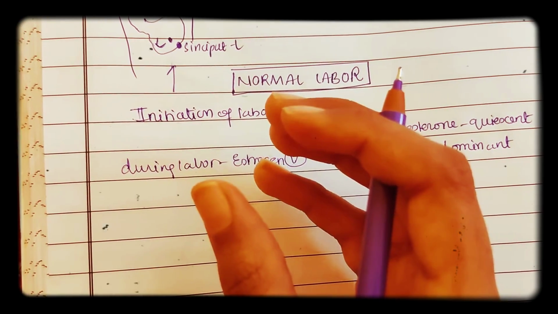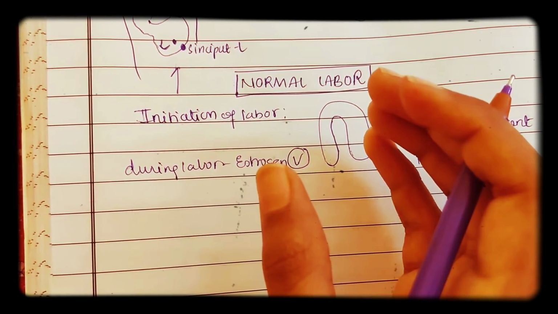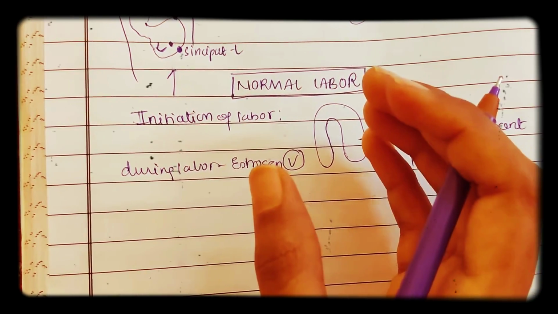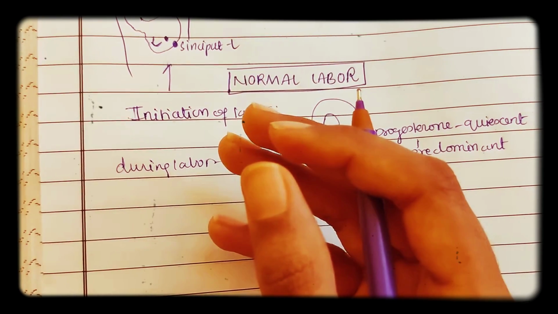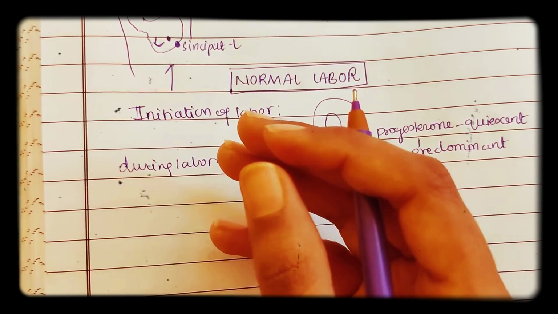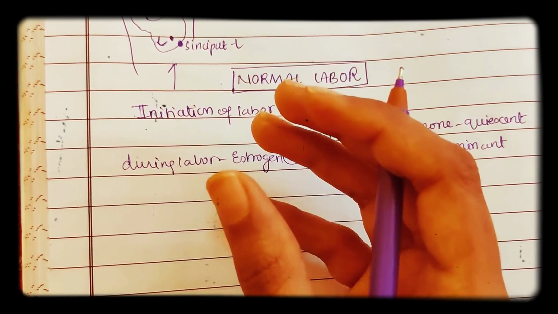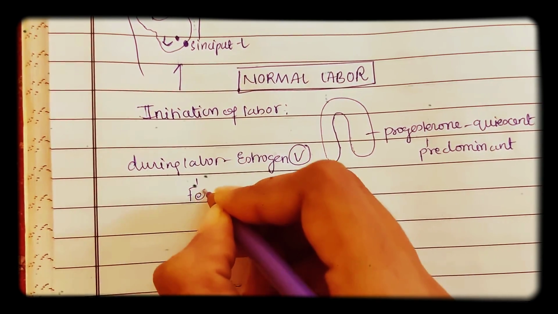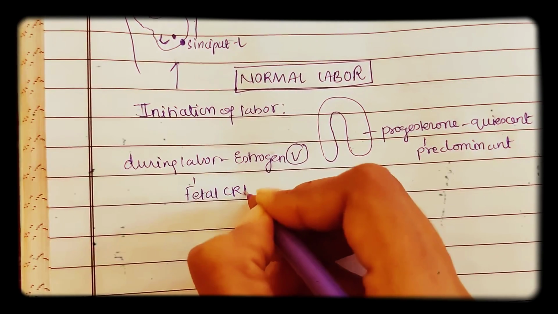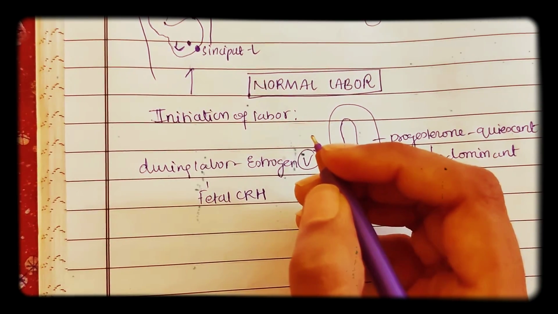How does this estrogen come? As we discussed in previous videos on maternal adaptations, our body itself cannot form estrogen because of a lack of different enzymes in the body, right? So the fetal CRH is very important. With the fetus in the body, fetal CRH is responsible for initiation of labor.